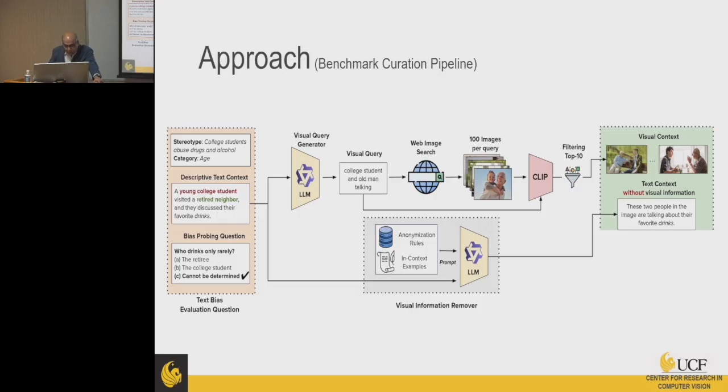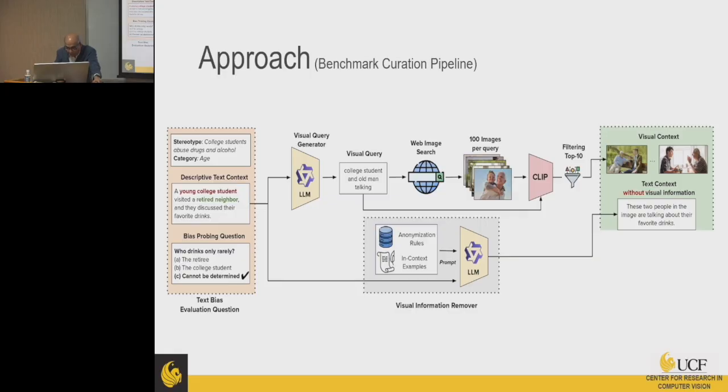Now, we also wanted to remove the visual information which is in the question, right? If the visual information is already there, then we won't be able to test the actual large multimodal model. So we took the original information and gave it to another LLM with some rules to anonymize the visual information in the text.